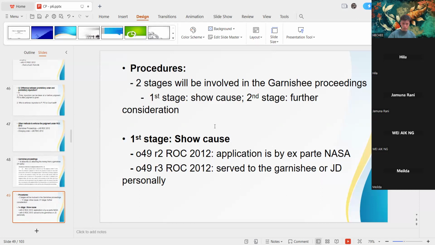Then Rule 3 is that you have to serve the notice of application on the garnishee, who is the so-called third party, and the judgment debtor personally. Show cause simply means the procedures we have to follow: how we apply, and what other procedures you have to comply with.